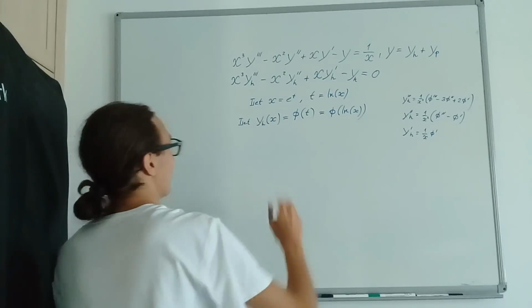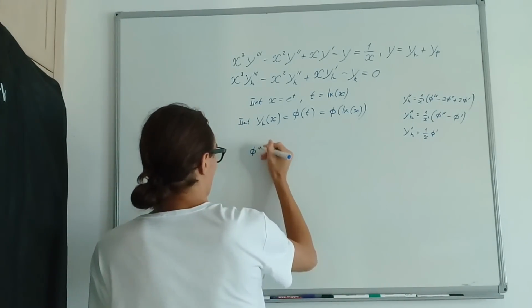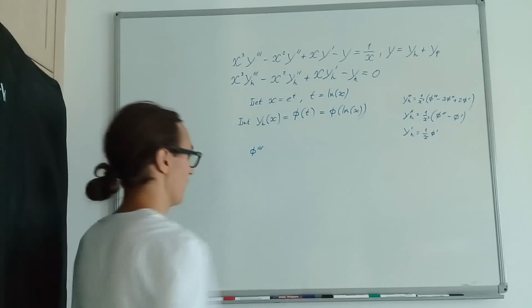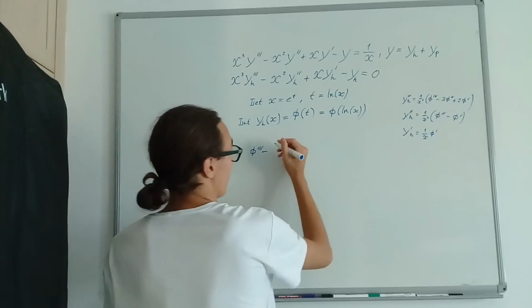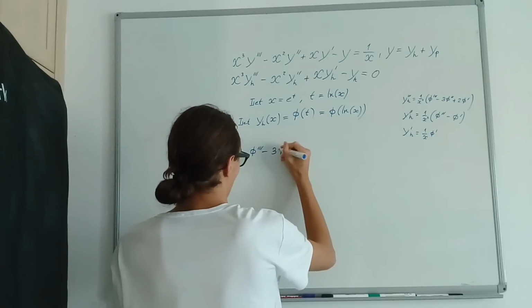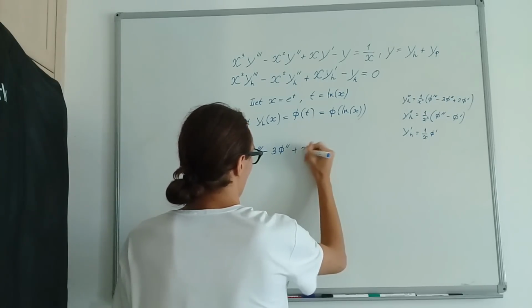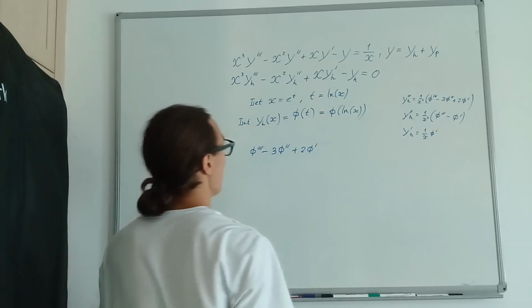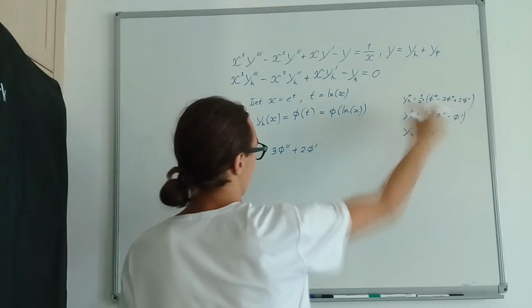Anyway, right. So all in all, we just get phi triple prime. I'm just going to omit the of t for the sake of brevity. Minus 3 phi double prime plus 2 phi prime. Now minus, so this is going to cancel out, but these are going to get switched.